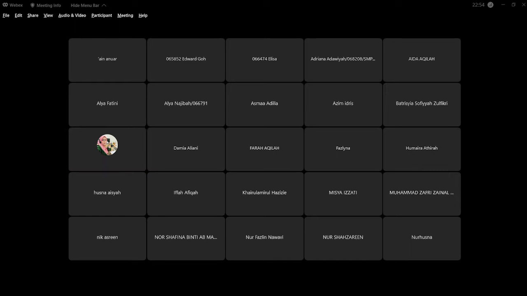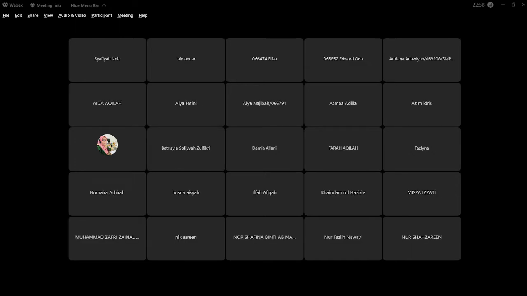Sales minus cost of goods sold. Okay, so we have the sales dia berapa? Sales dia 500,000. And then the first figure lah yang you kena cari. And then what we need to do? Minus dengan cost of goods sold.